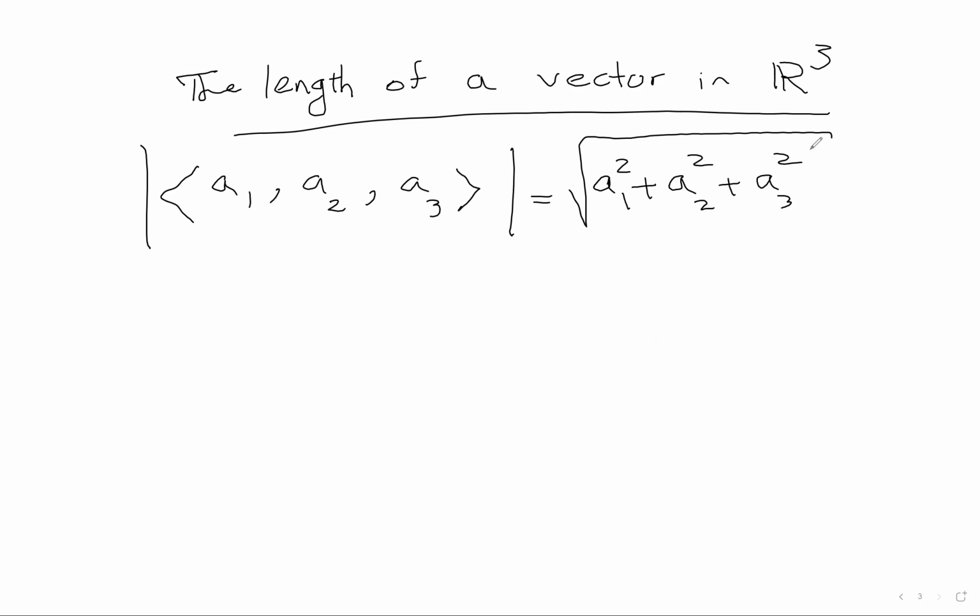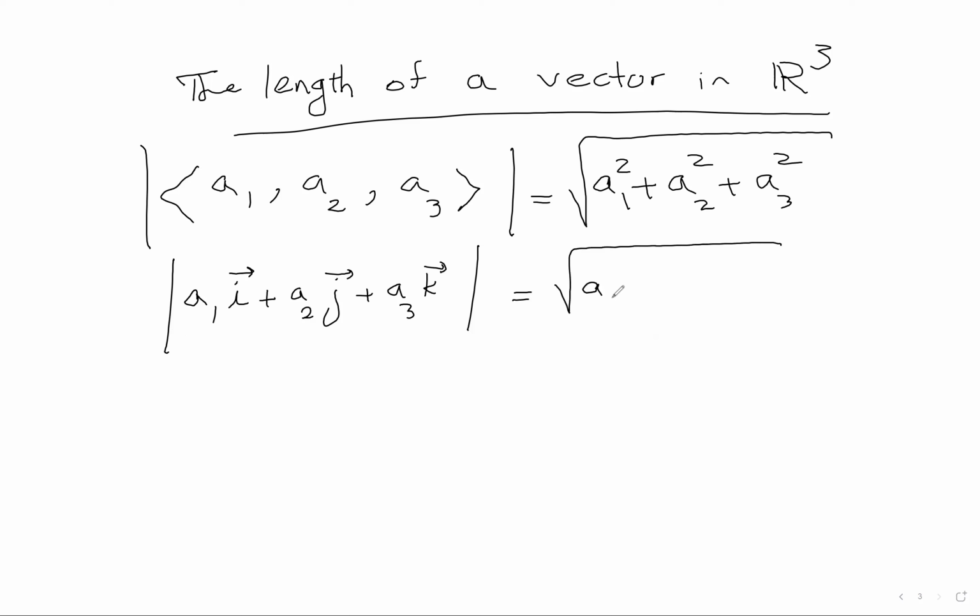If I want to use the other notation for a vector in R3, so A1 I plus A2 J plus A3 K, the length is going to be the same as I said, radical of A1 squared plus A2 squared plus A3 squared.